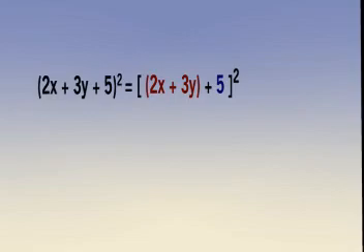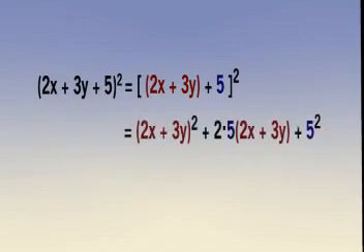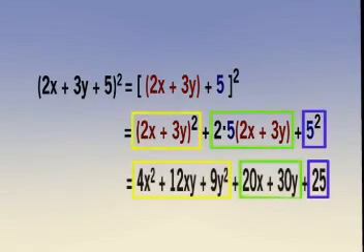Squaring this, we have the quantity 2x plus 3y plus 5 all raised to the second power is equal to the quantity 2x plus 3y raised to the second power plus 2 times 5 times the quantity 2x plus 3y plus 5 squared, which is equal to 4x squared plus 12xy plus 9y squared plus 20x plus 30y plus 25.